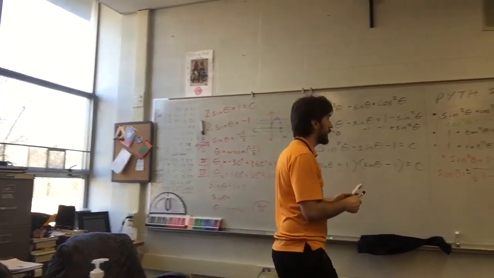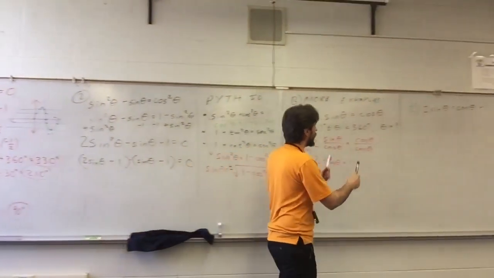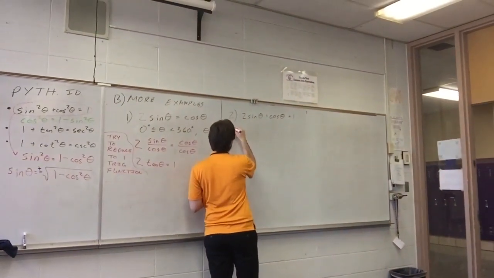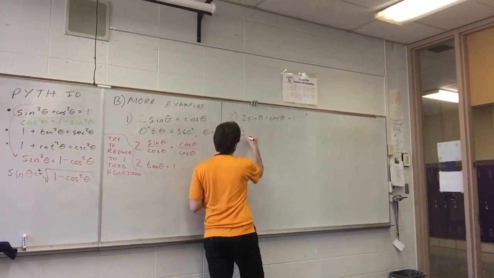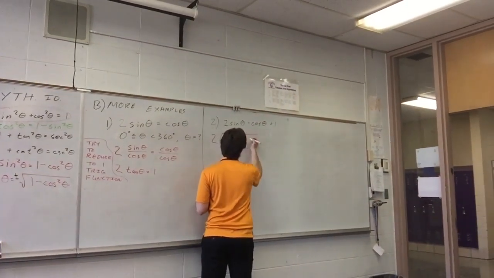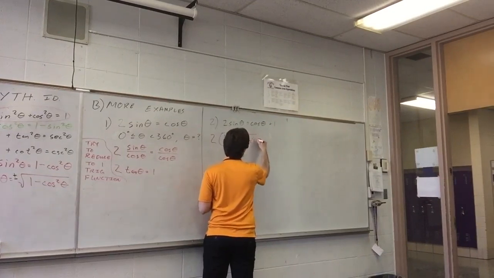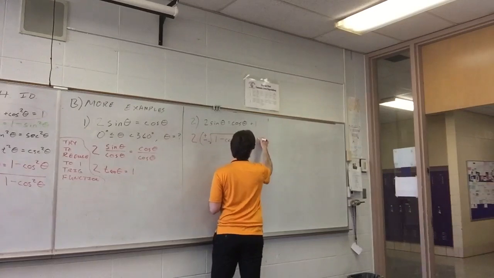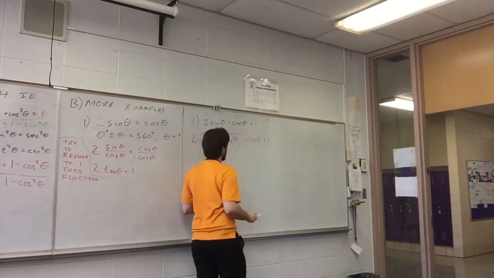Okay, so now if we substitute that back in over here, what you would get is 2 times plus or minus the square root of 1 minus cosine squared theta equals cosine theta plus 1.